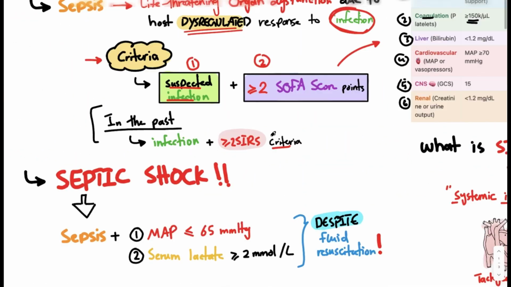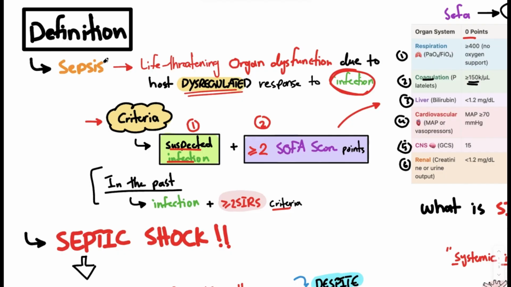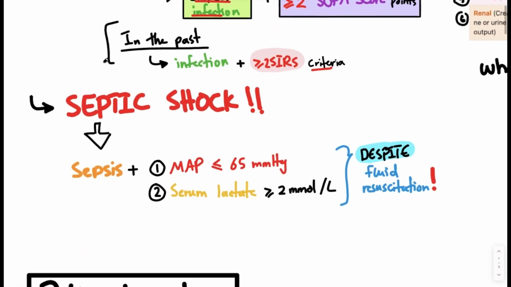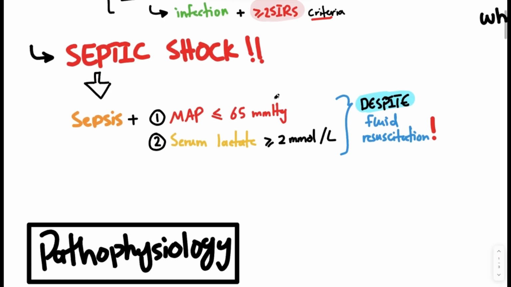So, sometimes this sepsis, if it's not treated, if it's very severe, it can develop into a septic shock. So what do we mean by a septic shock? It is sepsis plus MAP and serum lactate. MAP is less than 65 millimeters mercury, and MAP stands for mean arterial pressure. That is, it's equal to cardiac output multiplied by systemic vascular resistance.